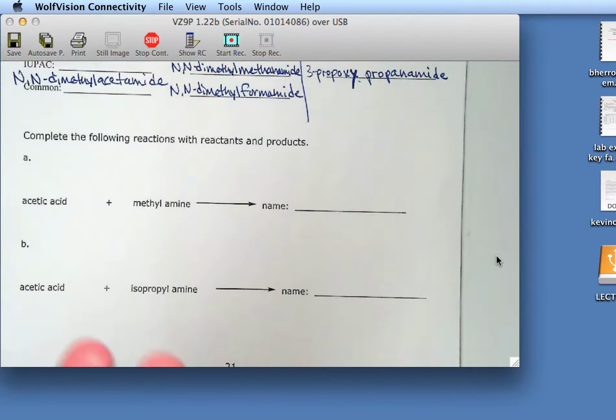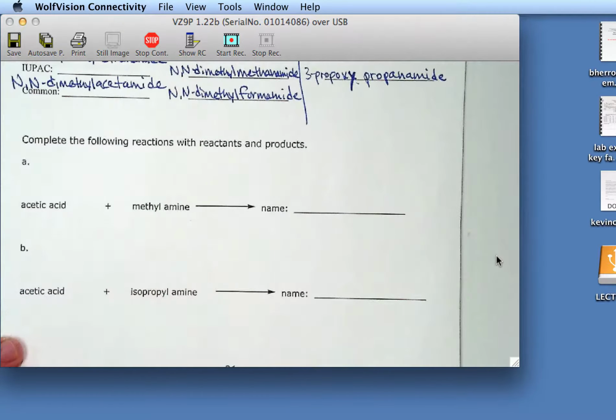You don't have to name in addition to that. And sometimes students get thinking, oh, I need to name all these products for my reactions. No, not unless it gives you explicit instructions, and it would be very atypical if it did. So when you're completing your reactions, don't worry about naming them. I just do it in the note packets to give you more practice on naming.